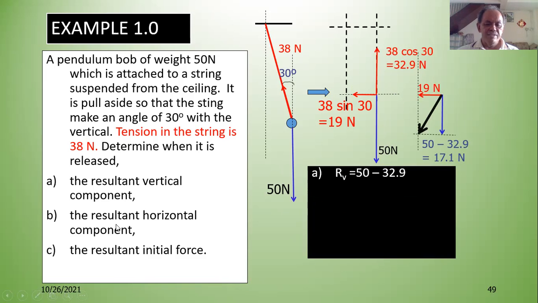Okay, resultant vertical component. So it's right, as long as you show the direction here, you are quite safe. It's downwards. Downwards, 50 minus that, 17.1 downwards. Resultant horizontal component: resultant in a horizontal direction. It's only one only, 19.